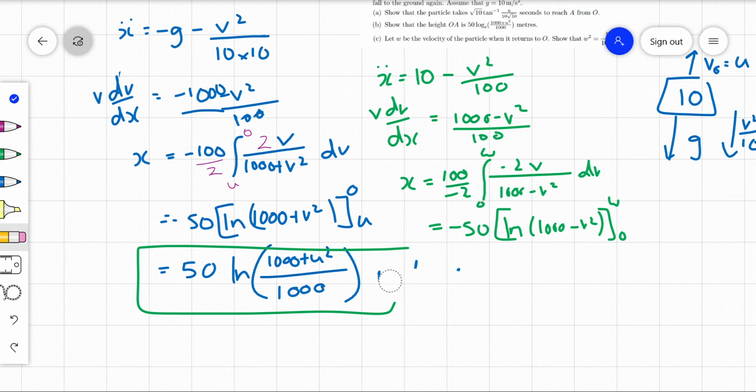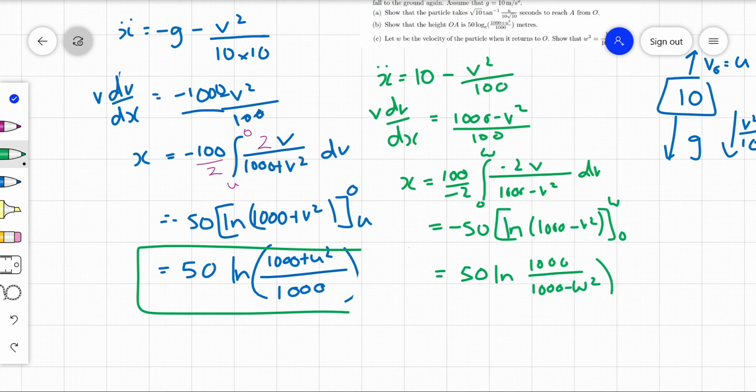So again, if I swap out and make that 50, swap limits, we've got the 0 first, so that's going to just be 1,000, and then we've got the w second. All right, so that's what we've got, and what we're saying is that x has to be the same distance as this here, so we'll just put that there, so that has to equal that.